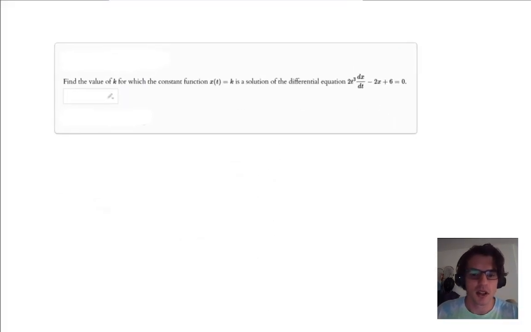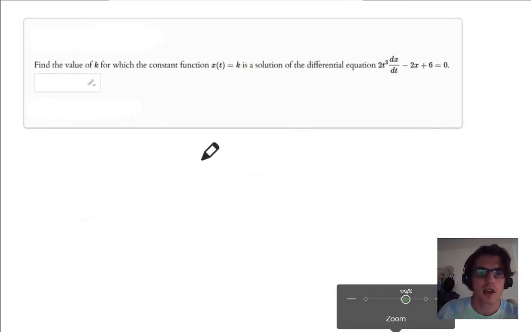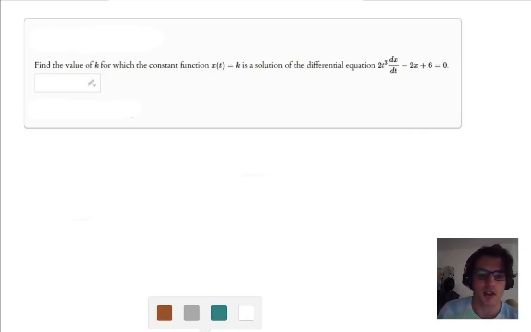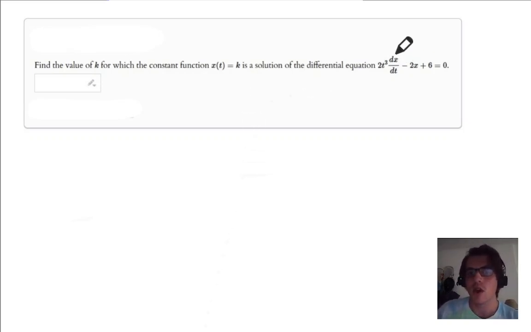Okay. This should be the last problem. Find the value of k for which the constant function is the solution of the differential equation 2t cubed dx dt minus 2x plus 6 equals 0. Okay, so we have changed the variables here, which can be a little confusing, but it's really the same idea. Whatever the variable on top is sort of what we've traditionally thought of as y.